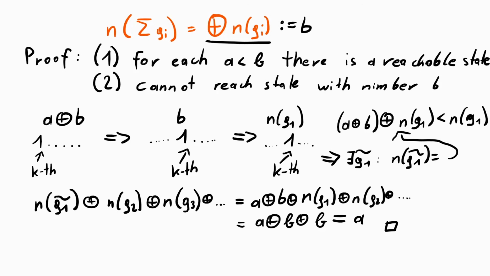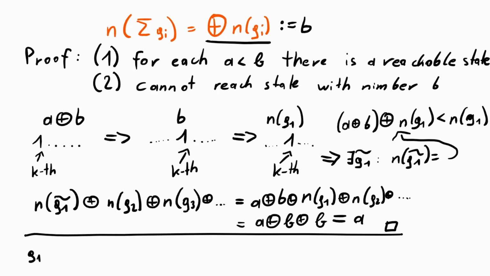So this proves the first part, and the second part is really short. We want to show that we can't reach a state with the number b from our combined games. Without loss of generality, we can say that our move is from the first game. So we move from G1 to G1 tilde.